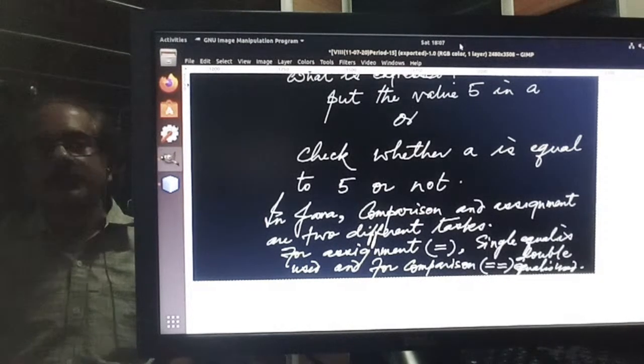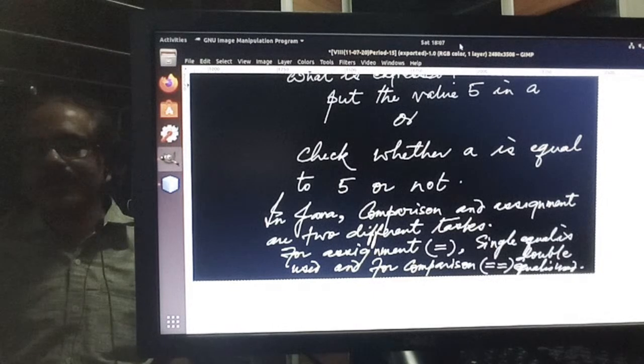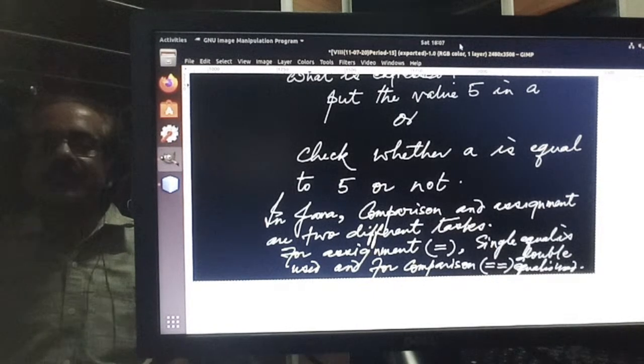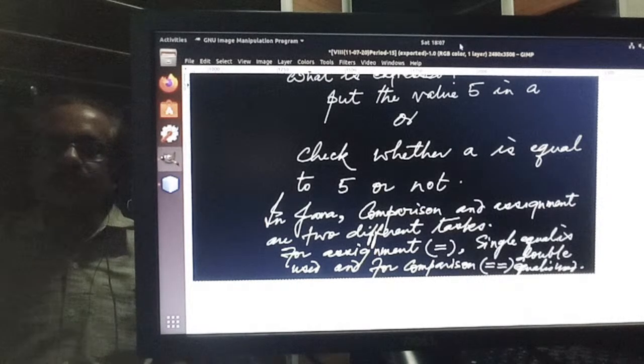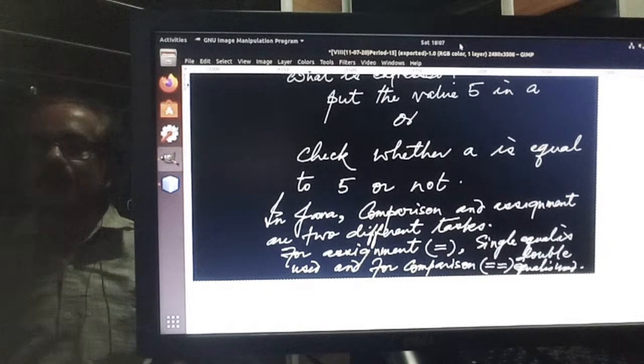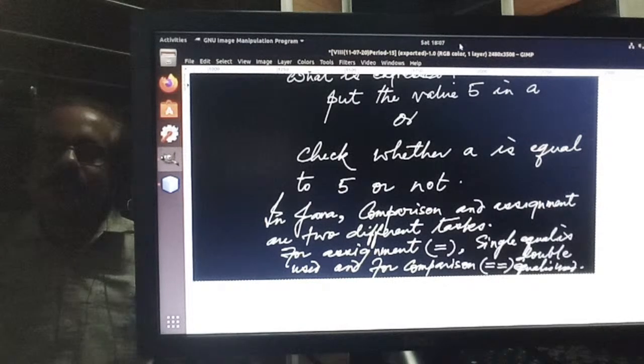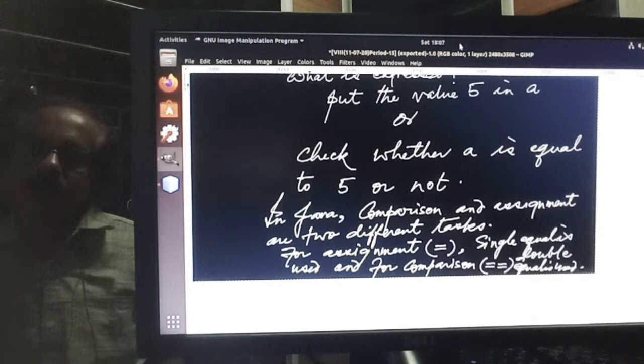Though the live viewers are very few, I have completed this part of the discussion. I hope you will watch it later and try to understand, and your concerned teachers will demonstrate examples for all these: how the Boolean values come, how the quantities are compared, and how they result in Boolean values.